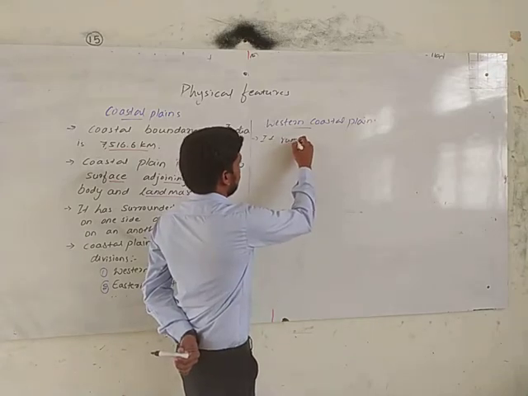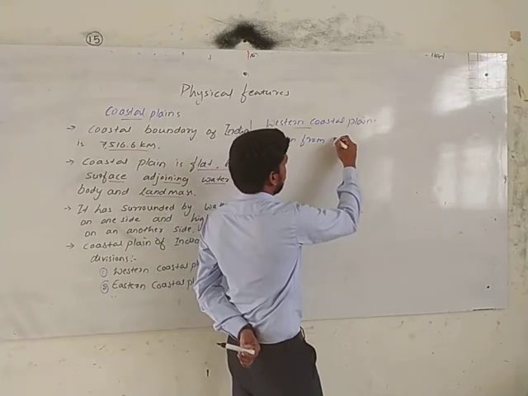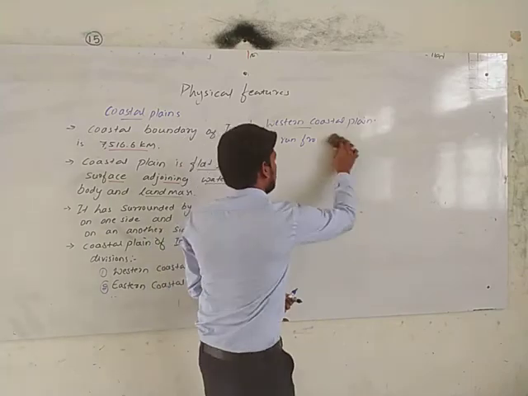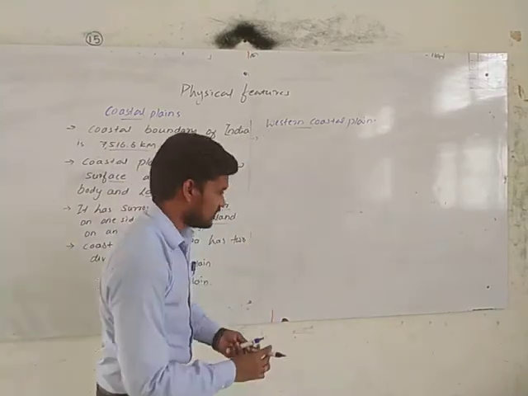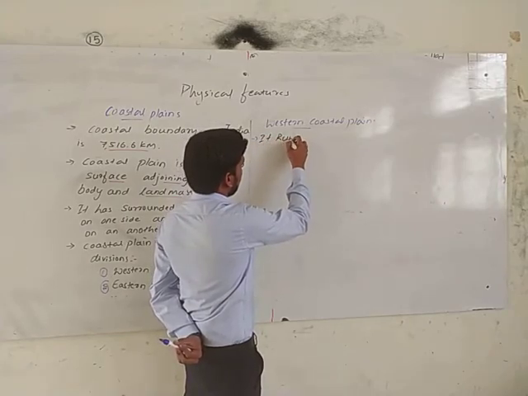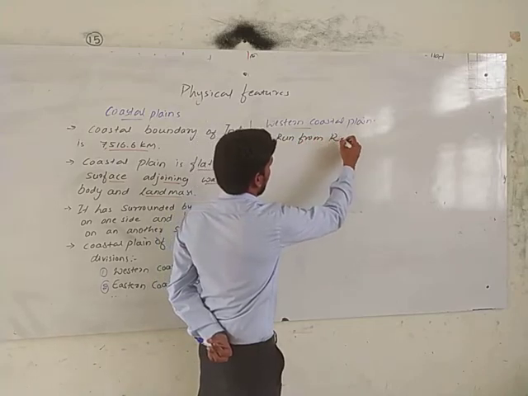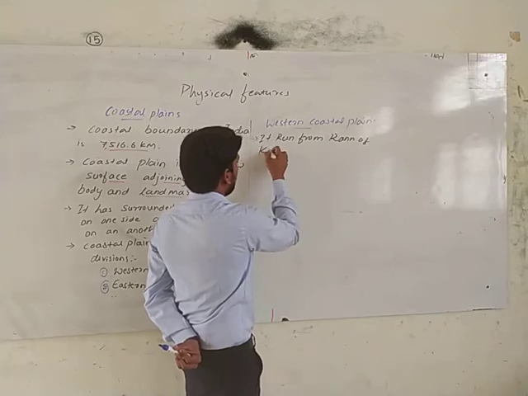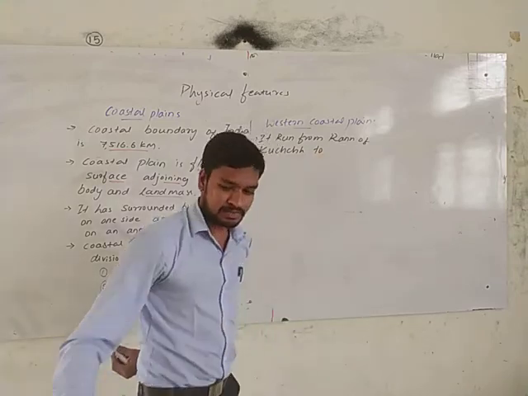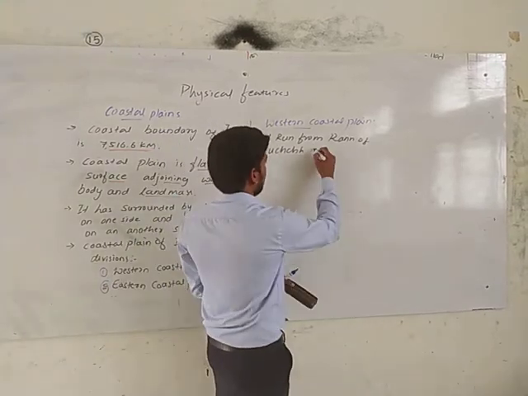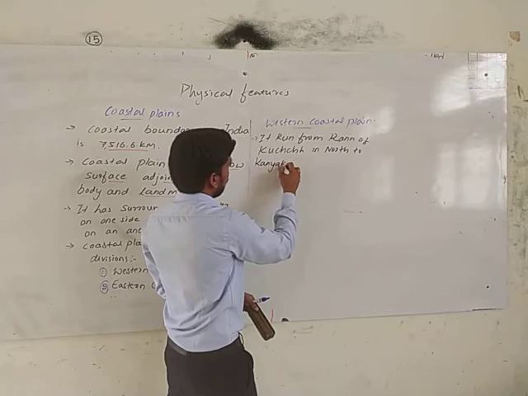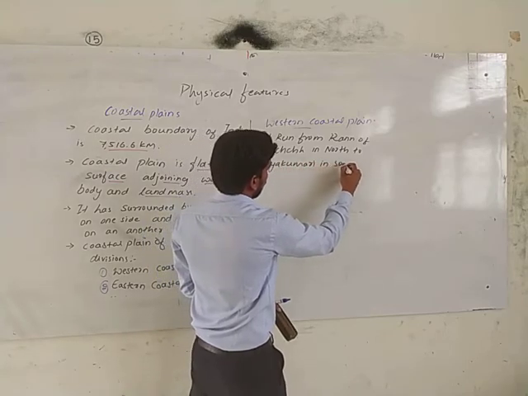It runs from the Rann of Kutch in the north to Kanyakumari in the south.